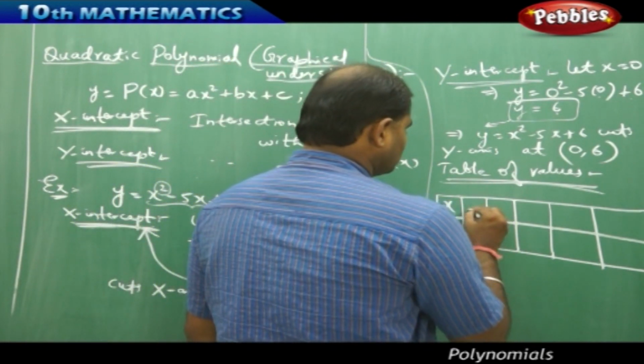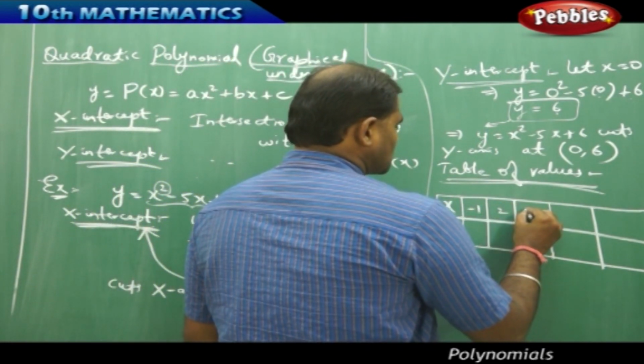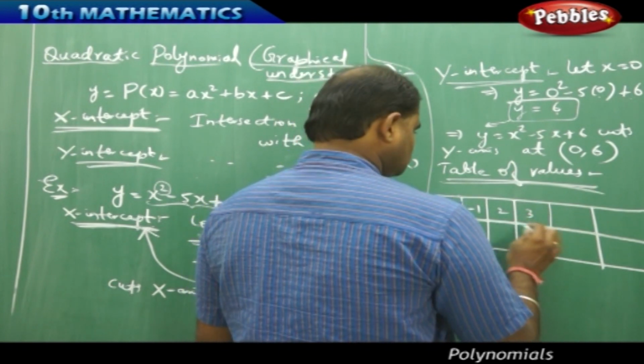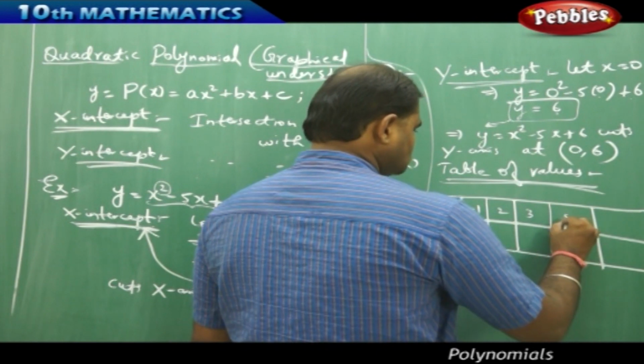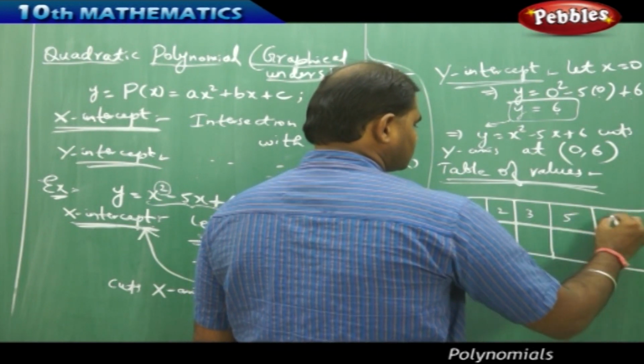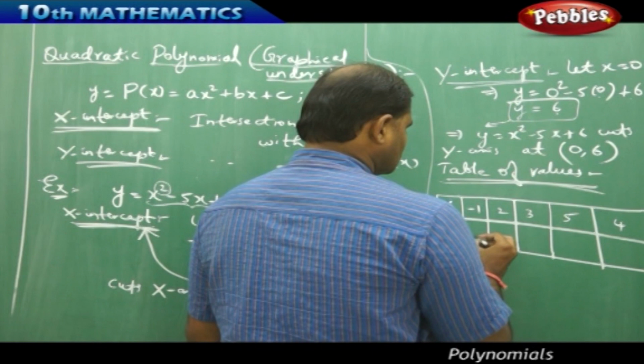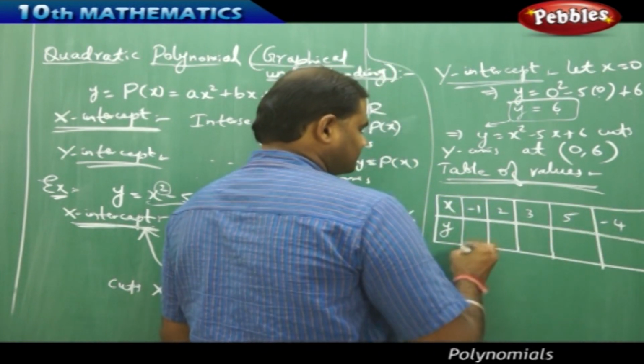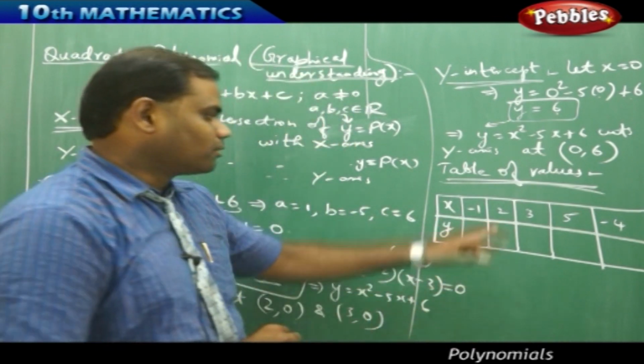Therefore, I start with -1, 2, 3, 5, and -4, and I'll take the y values correspondingly for this.